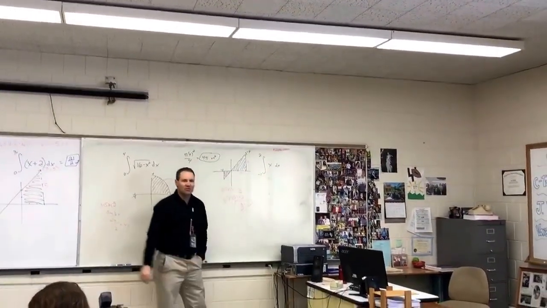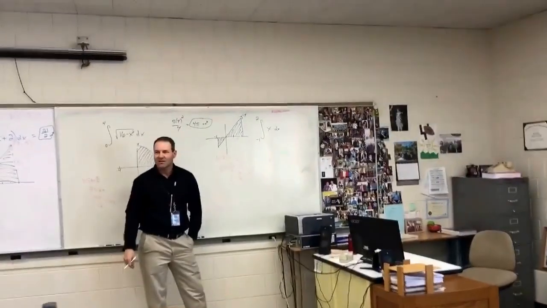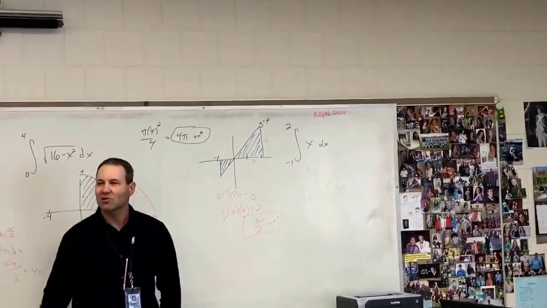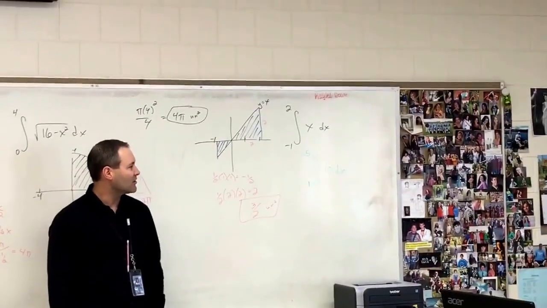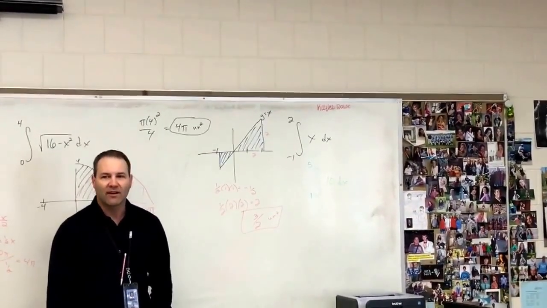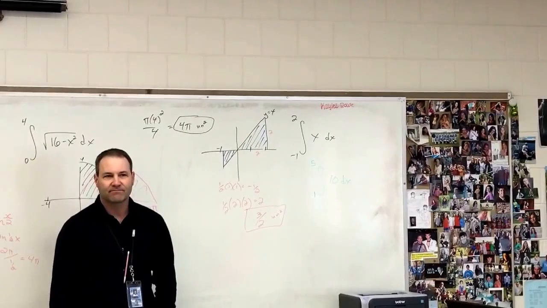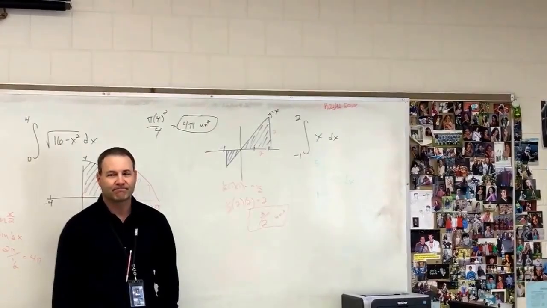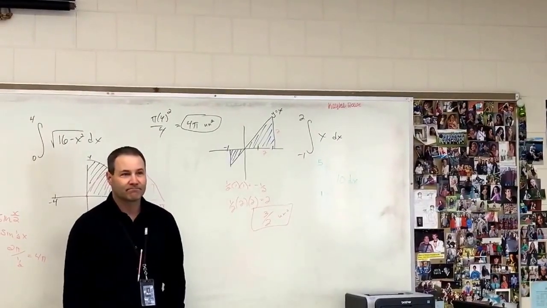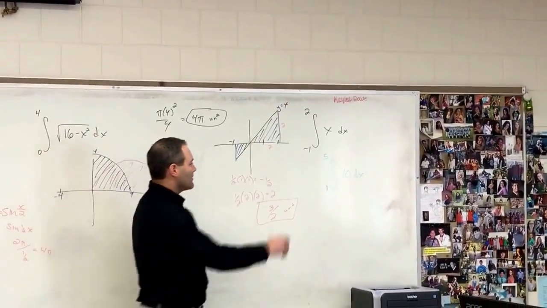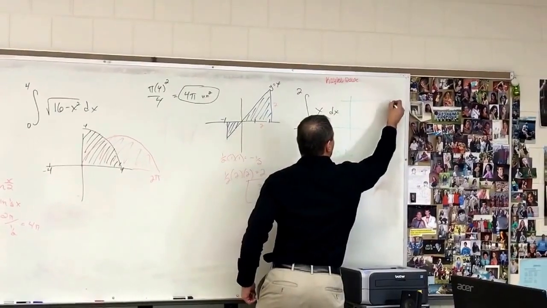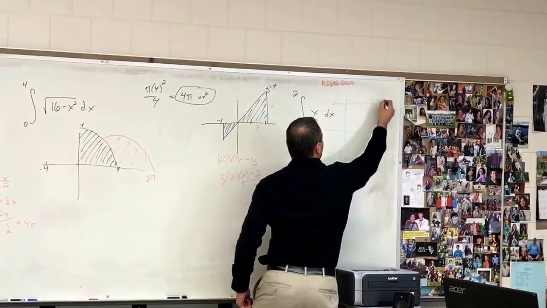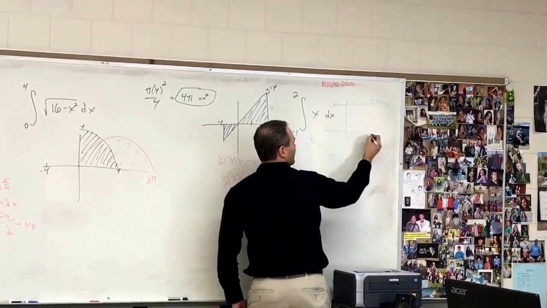Alright, this is not exploration 2, but I want you to know how to do this. I think it's a constant. So, what is the integral of 10 from 1 to 5? 40. Because we're finding the area under the curve of y equals 10 from 1 to 5.